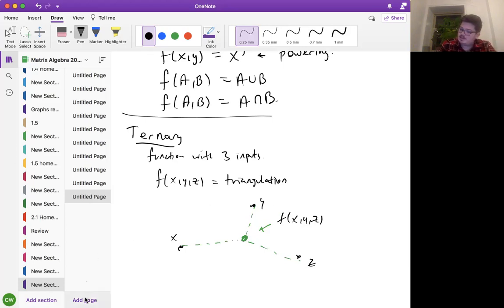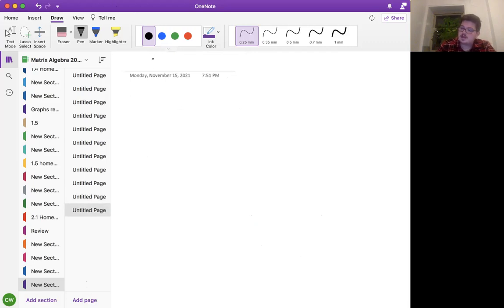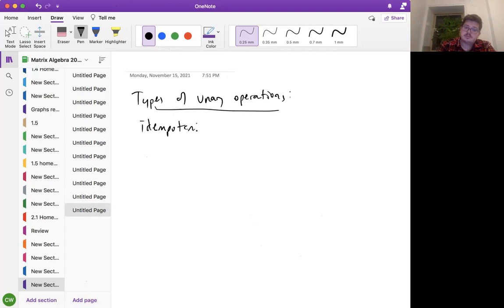Okay, so let's think about some types of unary operations. So, idempotent. What does idempotent mean?